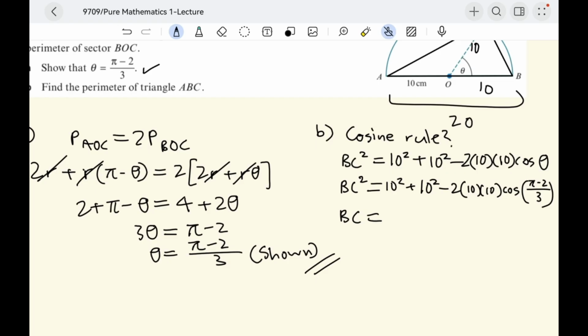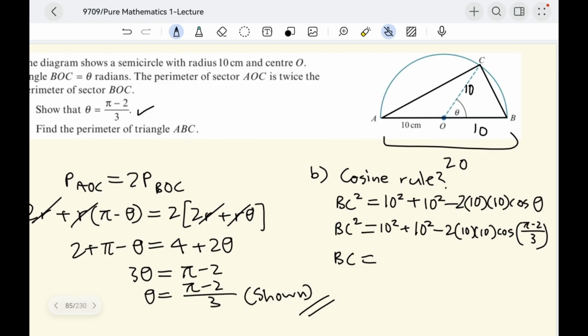So use your calculator to press the cosine rule correctly. For BC, I should get 3.7824. So this is the first step.